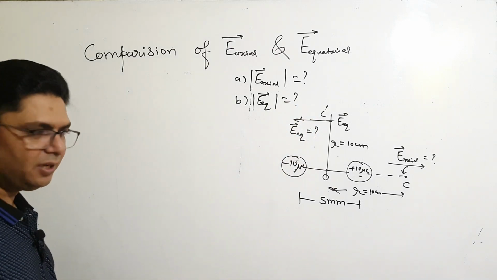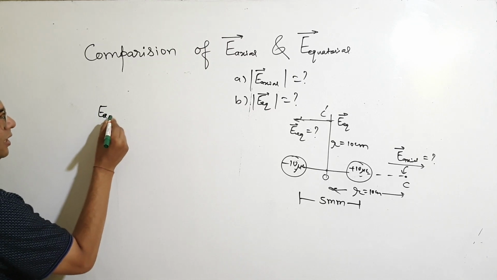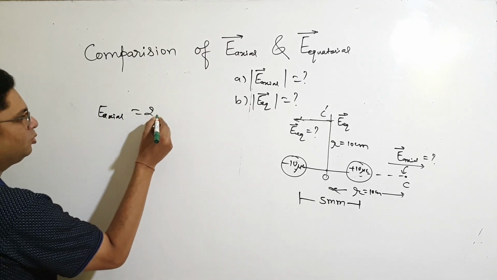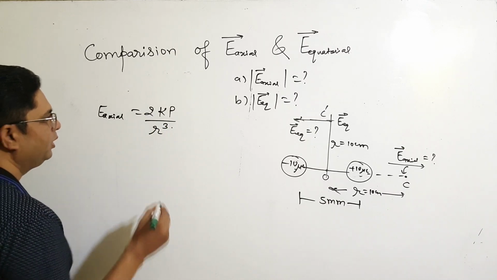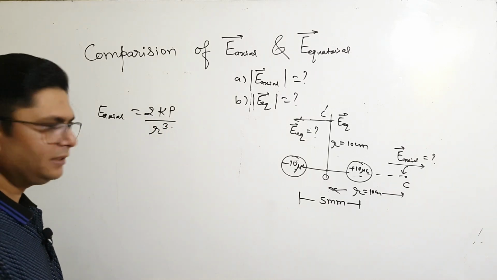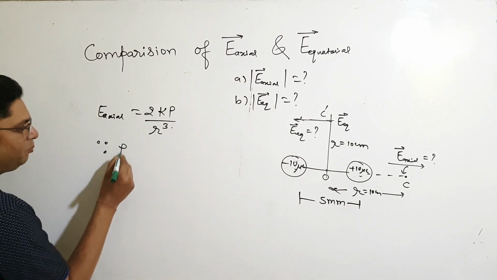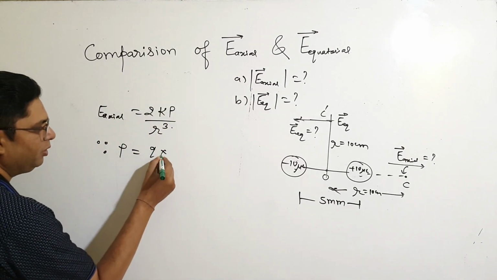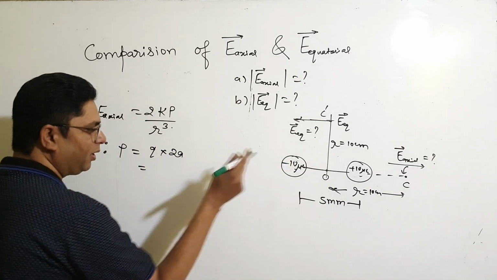So this can be done as E axial is equal to 2kp upon r cube. This is E axial. Here p is dipole moment. So you know that p is equal to q into 2a. What is q here? q is 10 microcoulomb.